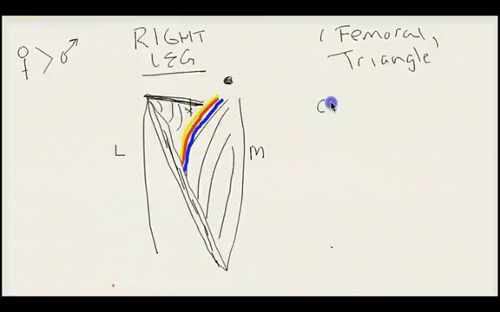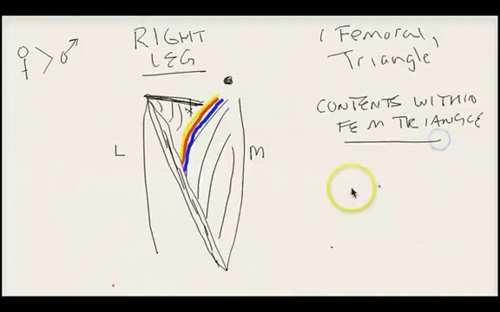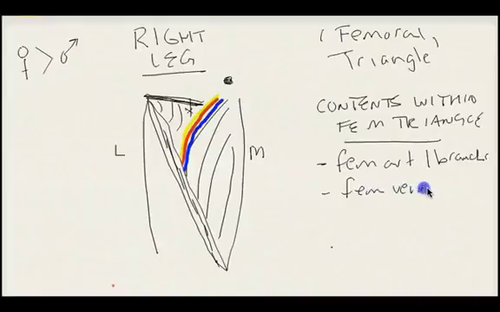Now, what are some of the contents found within our femoral triangle? Well, we have the femoral artery as well as its branches. We have the femoral vein. We have the femoral nerve, and the femoral nerve, keep in mind, is outside of the femoral sheath.